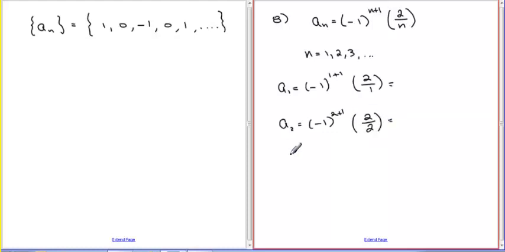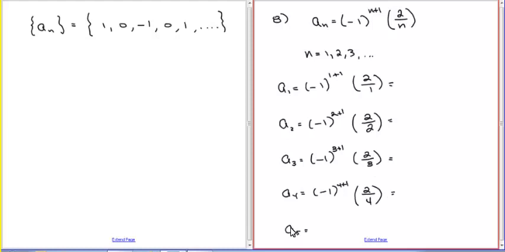The third term is negative 1 to the 3 plus 1 power, and we set 2 divided by 3. A sub 4 is negative 1 to the 4 plus 1 times 2 divided by 4. And the fifth term is negative 1 to the 5 plus 1 power, and then we have 2 divided by 5.